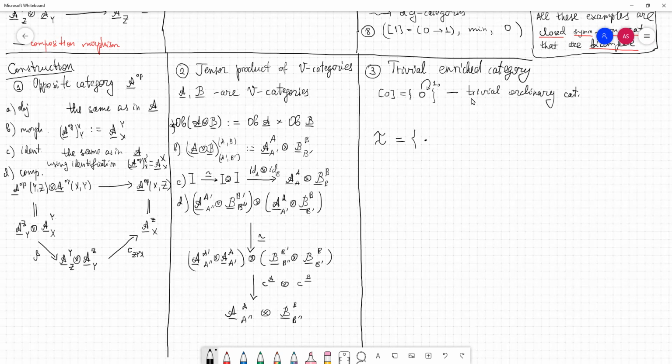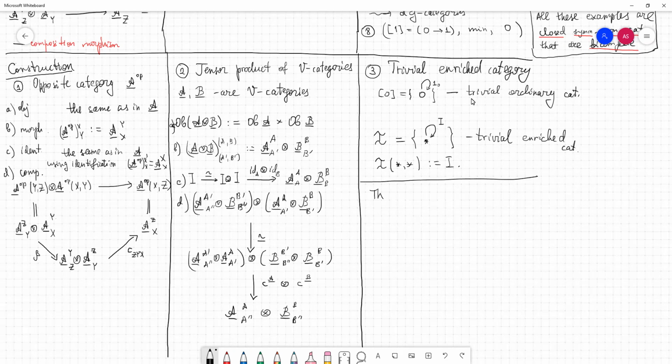It doesn't matter what to call it; I don't call it anything at all. And the object of morphisms will be our unit object of category V. So this is a trivial enriched category. In other words, in I, the morphism from, let's call it star, to star is defined to be I, the unit object.